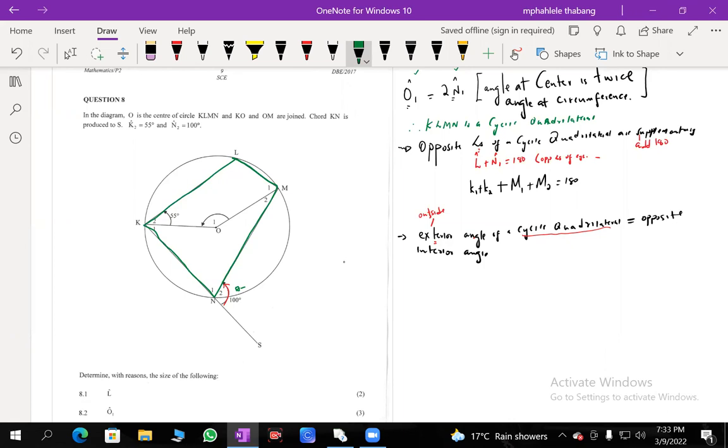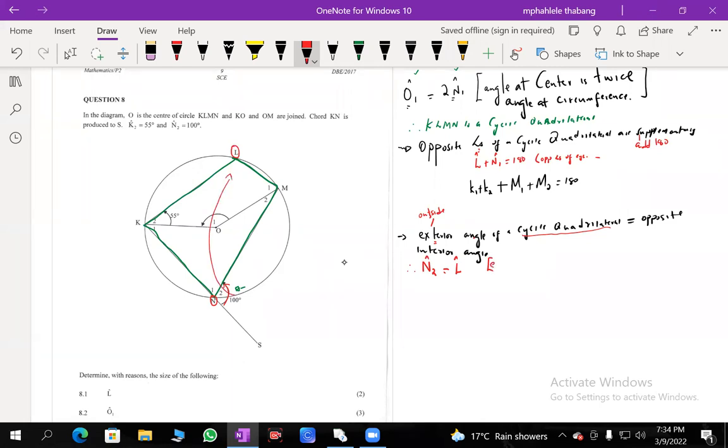So we have to ask, we already know that N is opposite to L. You have to identify angles that are opposite. In this case, N is opposite to L. Therefore, angle N2, which is the exterior angle of a cyclic quad, is equal to angle L. The reason: why does angle N2 equal angle L?